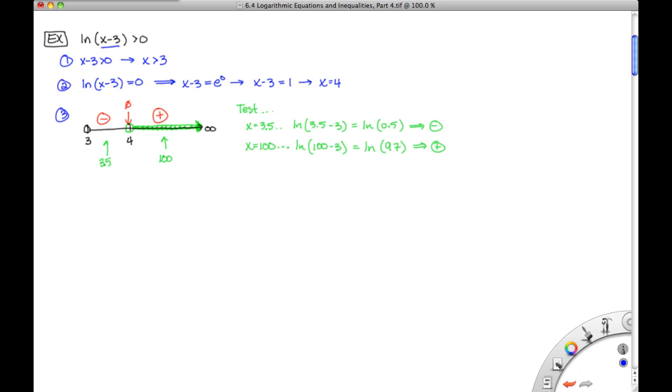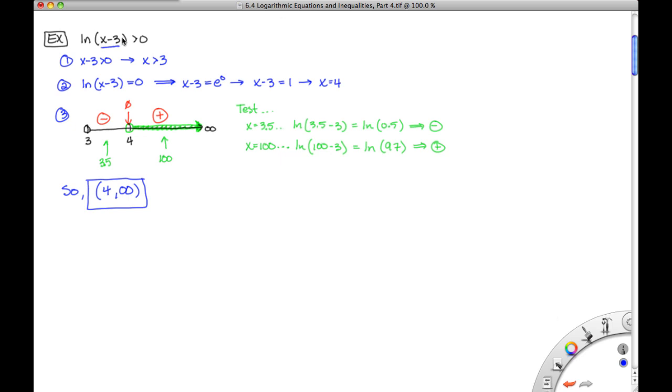So if we were to put our solution in interval notation, our solution is going to be from 4 non-inclusive to positive infinity, and that would be our answer. We could pick any number on this interval, plug it back into our original inequality, and we'd have something strictly greater than 0. So that's our first one, not too bad.